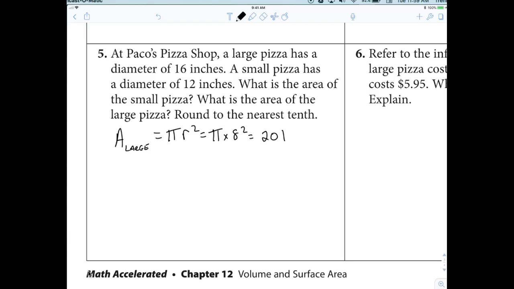I did 64 times 3.1. No, 64 times pi. You know the pi button's on that calculator. Let me show you where it's at.